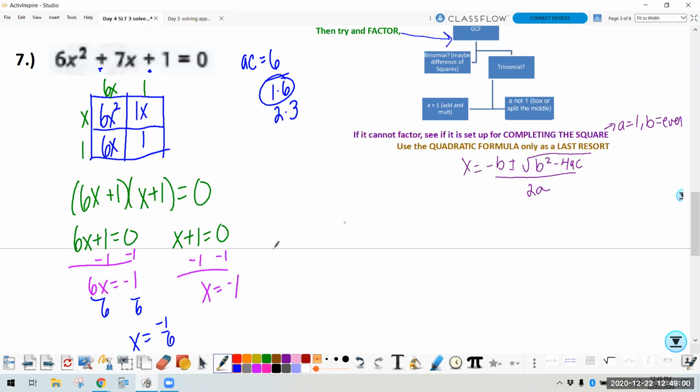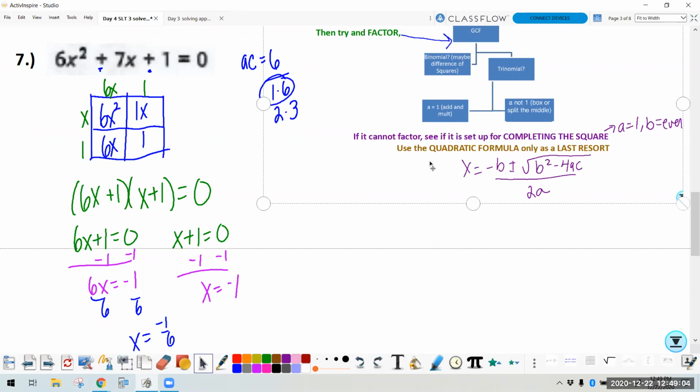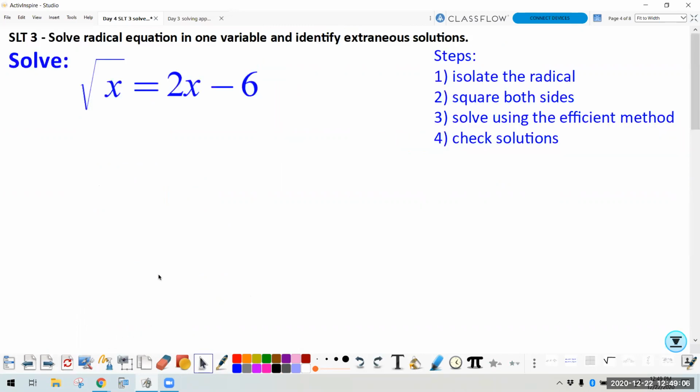So we're going to practice more solving today. Actually, let me copy this in case I want it on my next page. Okay, so today we're solving SLT3, label that. So when you put it on your summary sheet, you know which topic this was. We're now going to solve radical equations.